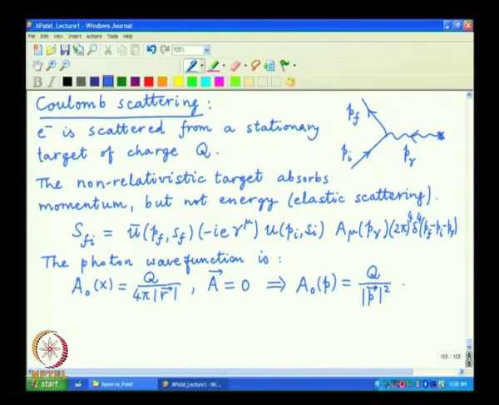And if transform is also done not only on the space part, but also in the time direction, one will get a factor of 2 pi delta(E), because the potential does not depend on time at all. Now, one way to get this Fourier transform is to remember that the 1 over r potential is a solution to the Laplace equation, and on Fourier transform the Laplacian operator just becomes p squared.